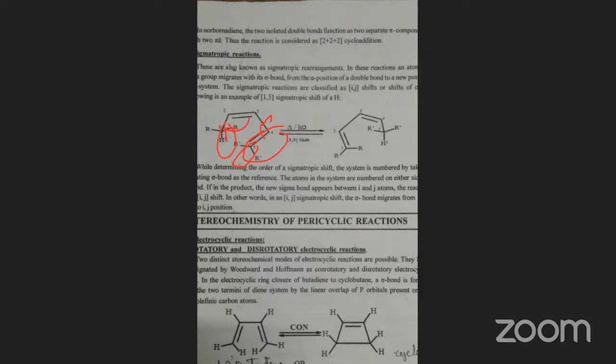So in this reaction, the shifting takes place from the first carbon to the fifth carbon. The first carbon's hydrogen migrates to the fifth carbon. So that's why it is called a 1,5 shift. As well as the fourth and fifth carbons' pi bonded electrons are shifted over to the third and fourth carbon atoms.